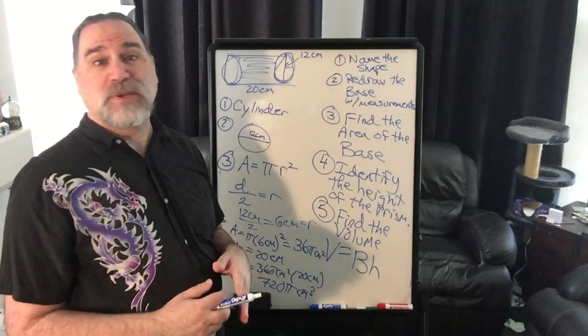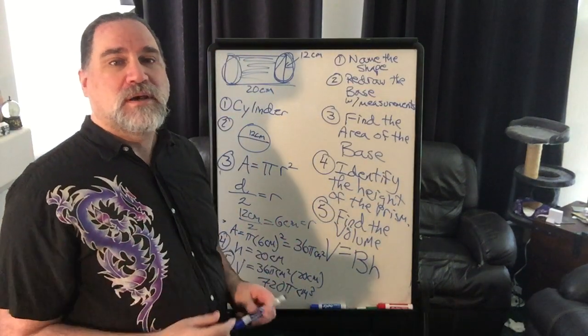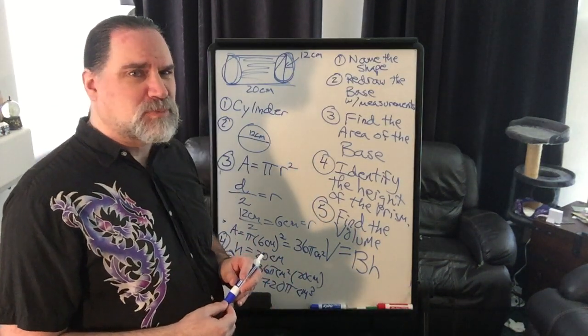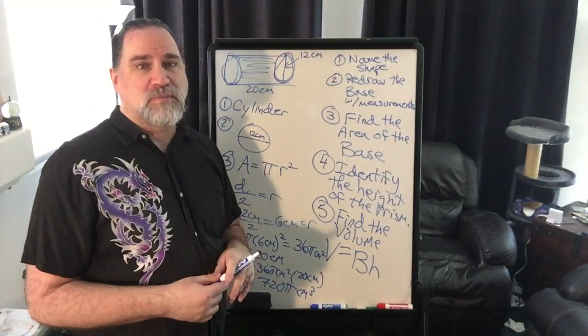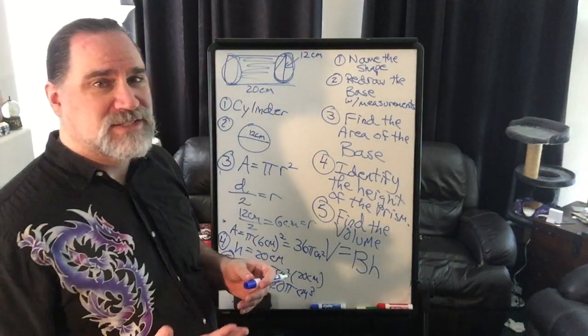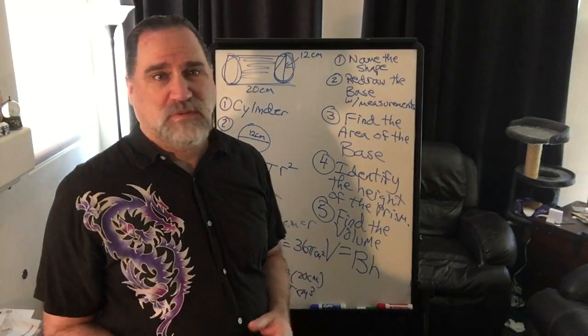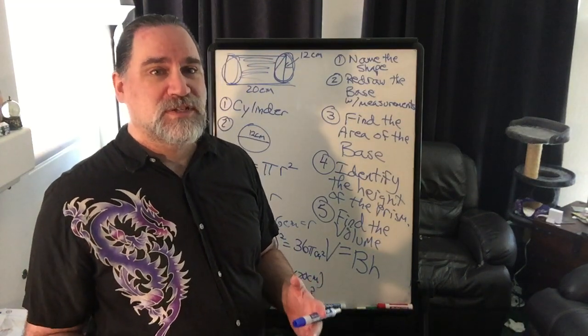That could be because we're shipping them, that could be because we want to ship something in them, depending on what your reasoning is. But there's a lot of applications, surprisingly large numbers of applications for finding volume of prisms and cylinders, okay, especially in light of recent events, so much shipping. So many things get transported.